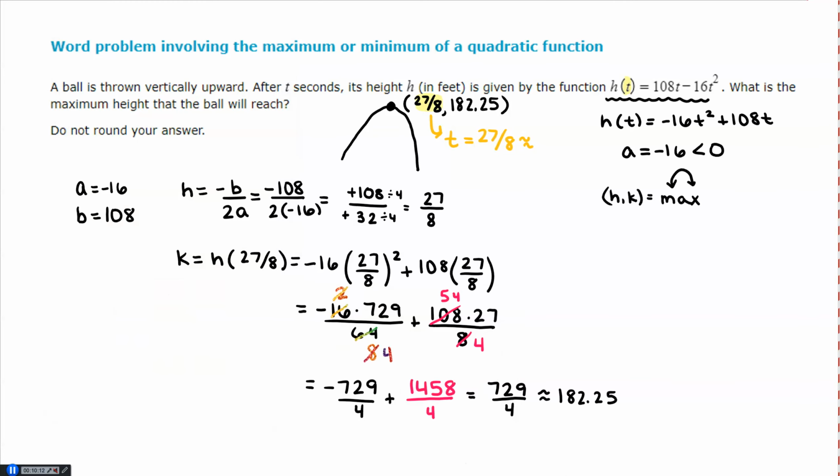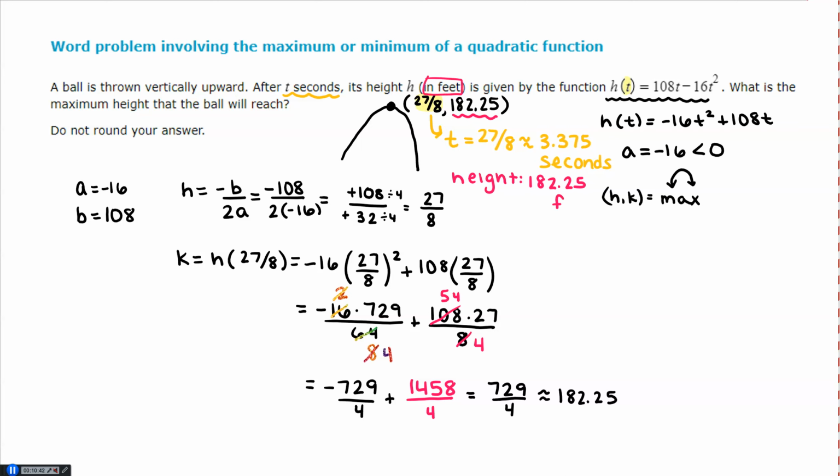Again, I want you to get an idea of what this means. 3.375. Time was in seconds. So at 3.375 seconds, the height of the ball is going to be 182.25, and the height was in feet.